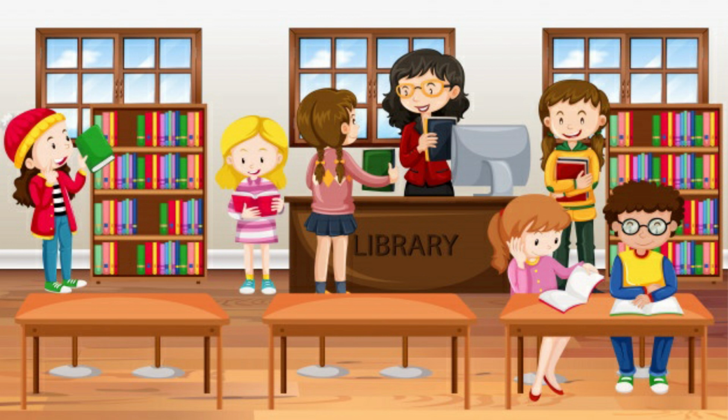So you would say that on the right side of the picture, in the front, there are 2 students: a boy wearing specs who is reading a book, and next to him, where next to is a preposition that needs to be used, is a girl wearing a pink dress reading a book, or you might say she is absorbed in reading the book. Behind them there is a girl holding books. This is how you need to explain.